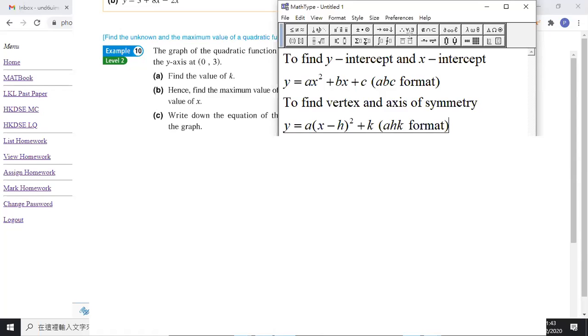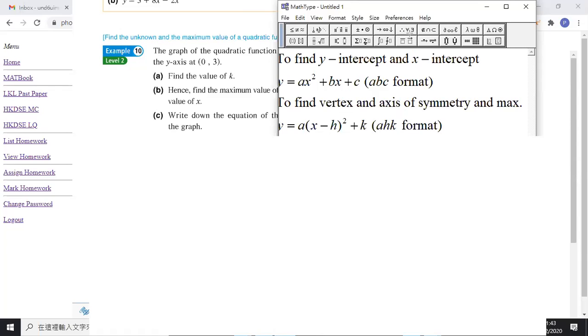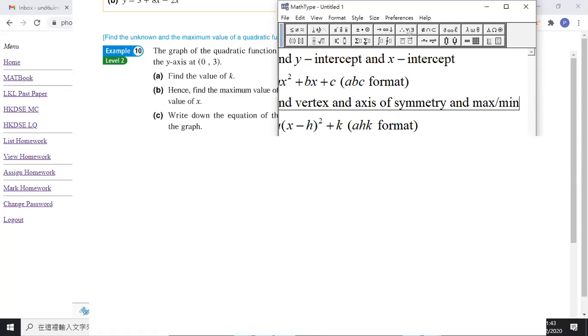Okay, the ABC format is for us to find the x-intercept and the y-intercept. And then the AHK format is for us to find the vertex and axis of symmetry, and actually the maximum or minimum value.